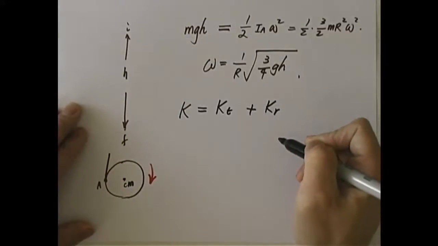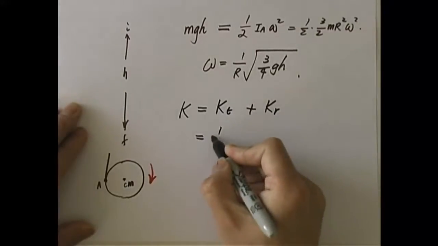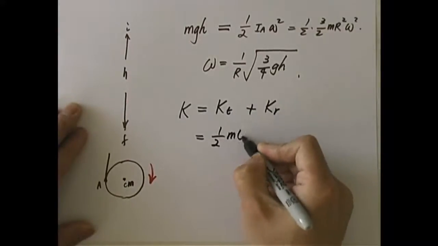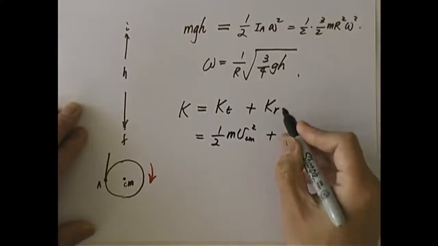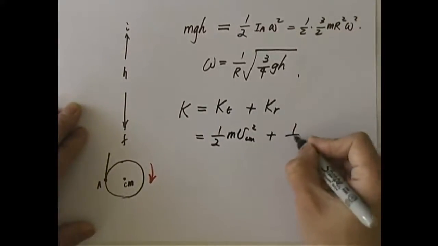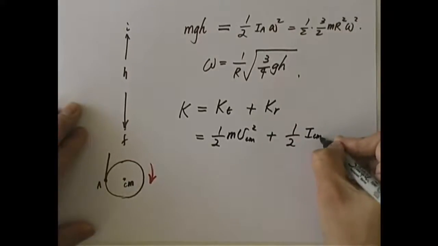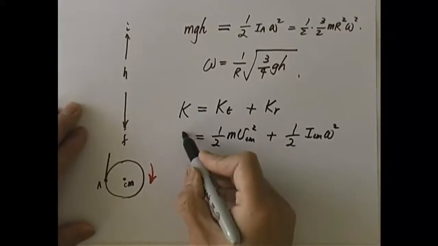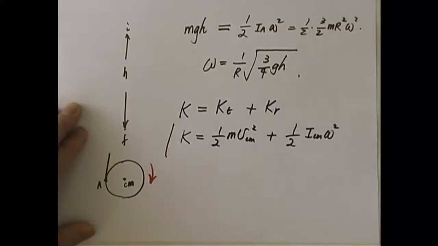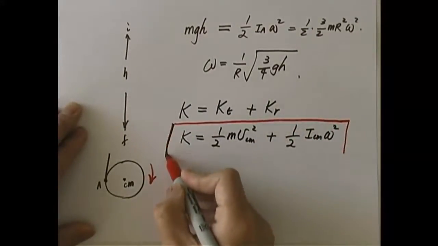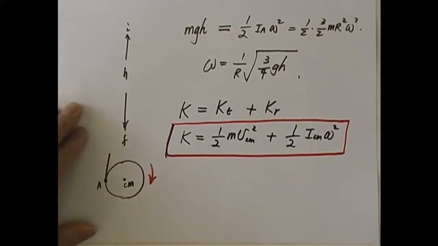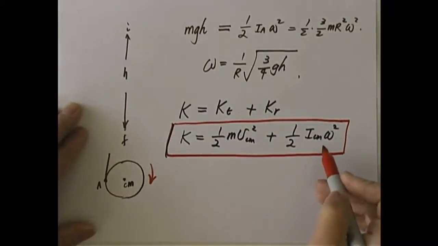For the center of mass, you have 1/2 m v_cm squared, that's for sure. And secondly, you have the rotation about the center of mass, 1/2 I_cm omega squared. That is how you break down kinetic energy of rotation and translation. You must use the center of mass to break it down.